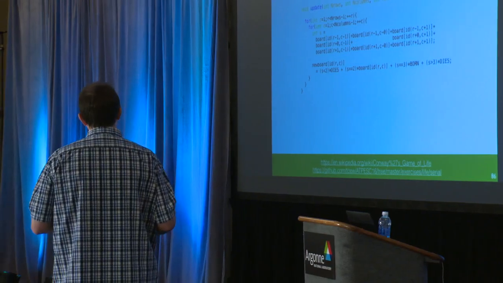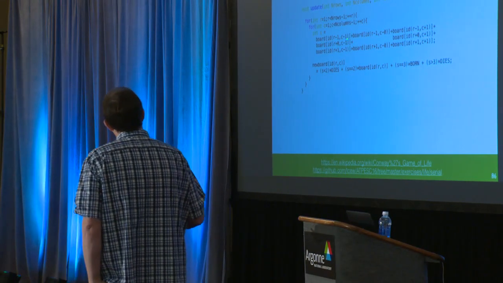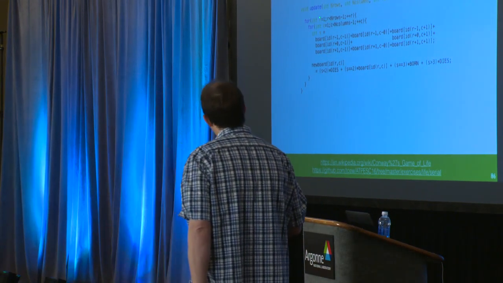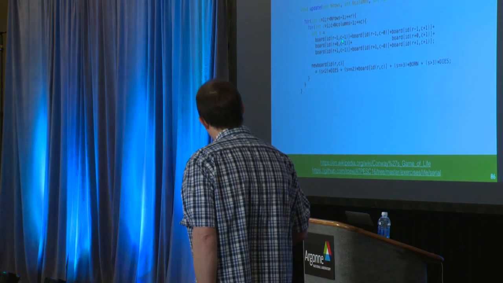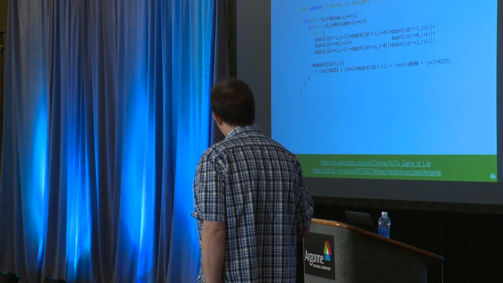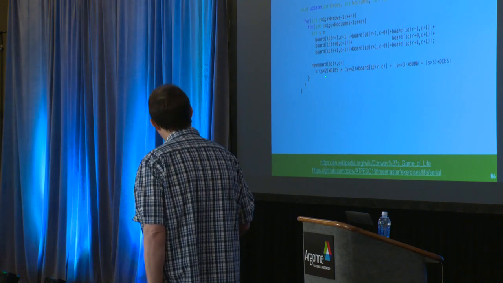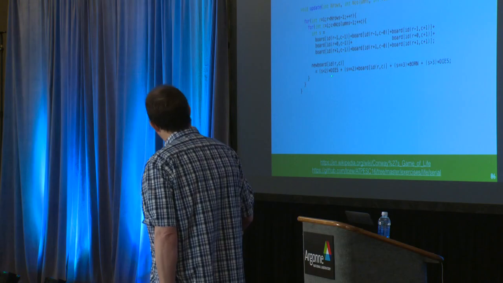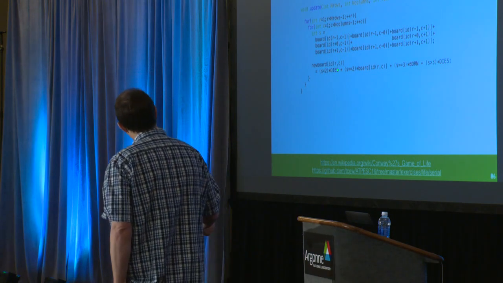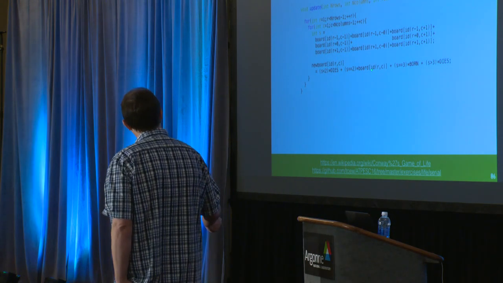This is the update step where, given a loop over the rows and columns of the board, you find out what the neighborhood sum is, and based on the value of the sum of the neighbors, you decide whether the board entry at row R, column C dies, stays the same, or is born. That's the nature of the Conway game.